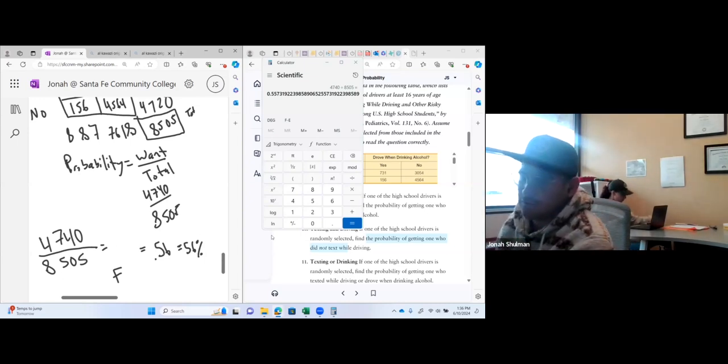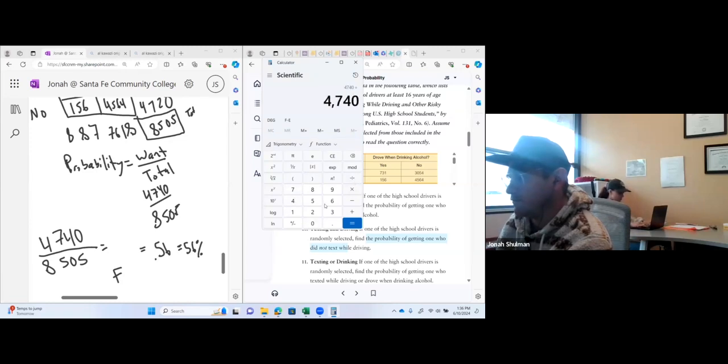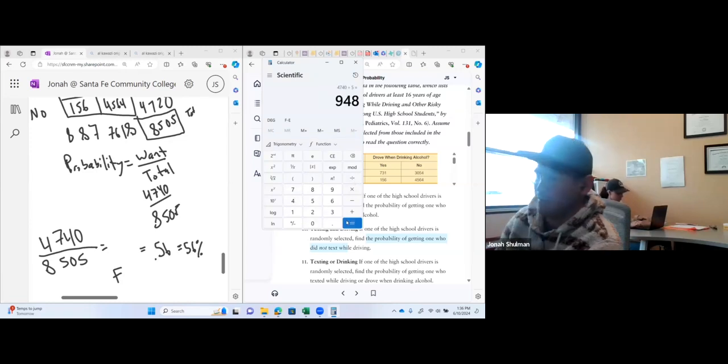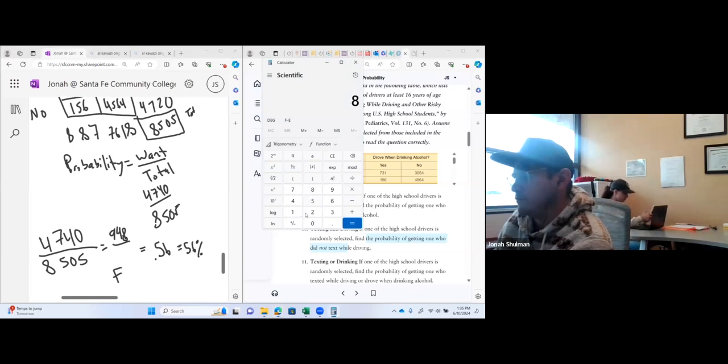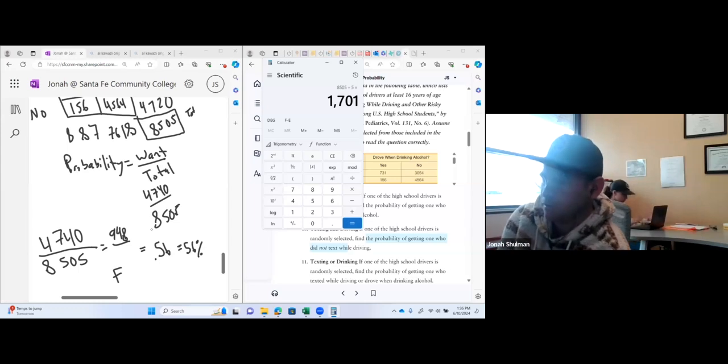So the first thing I'm going to do is divide this by 5. 4740 divided by 5. So our top is 948. And our bottom is 1701.